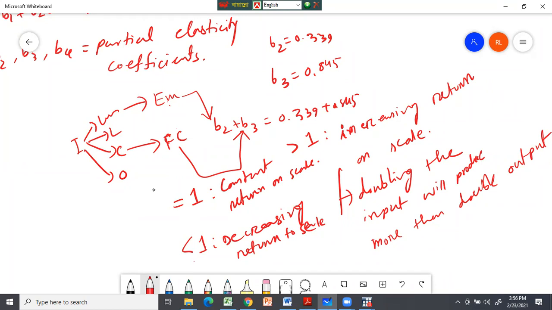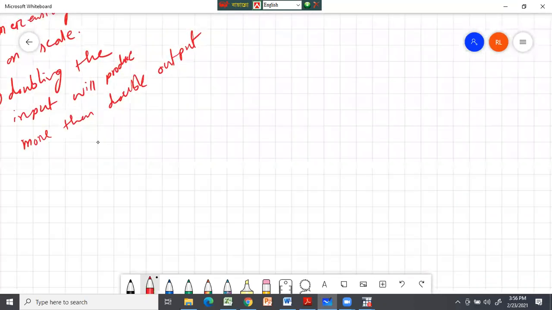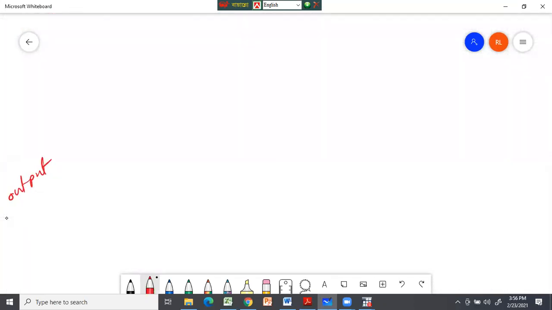Did everyone get it? Page number 281. Problem number 9.10, or 5.10 from the 4th edition.